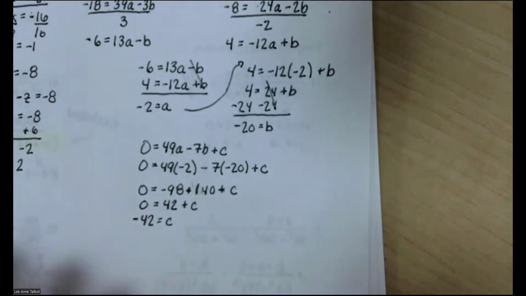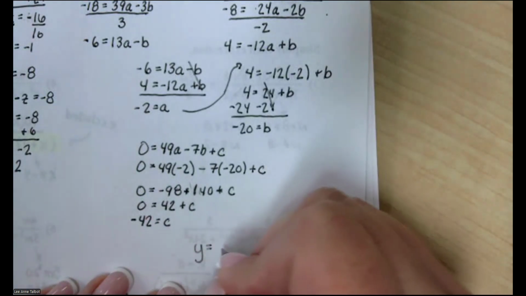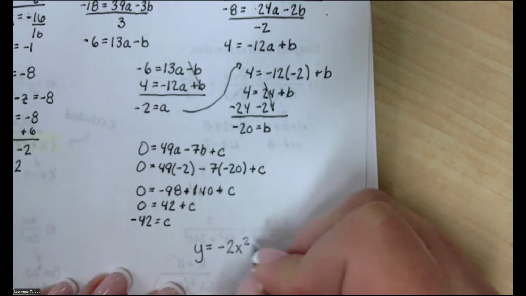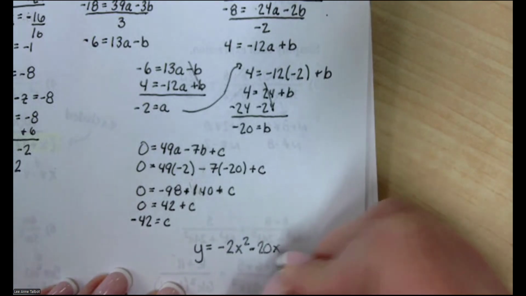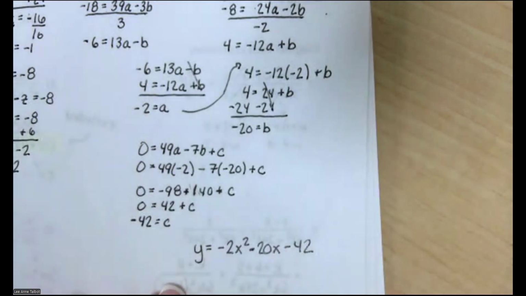That's all I can say. Okay, so y equals negative 2x squared minus 20x minus 42.